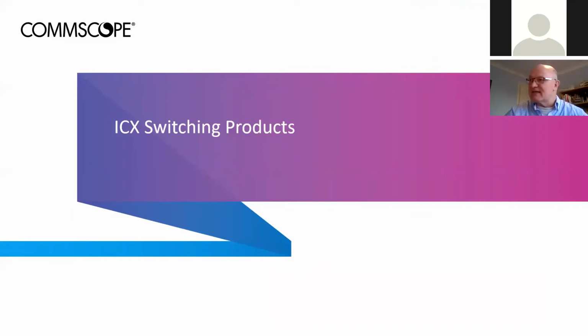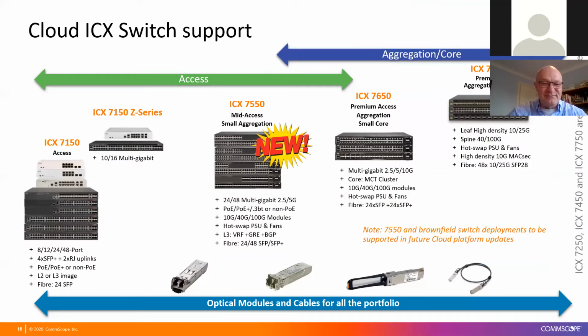Okay, so that's the access points. If we look at the ICX switches now, again, just a brief run through on where the switches currently sit. So hopefully you've all been busy selling and implementing ICX 7150s.